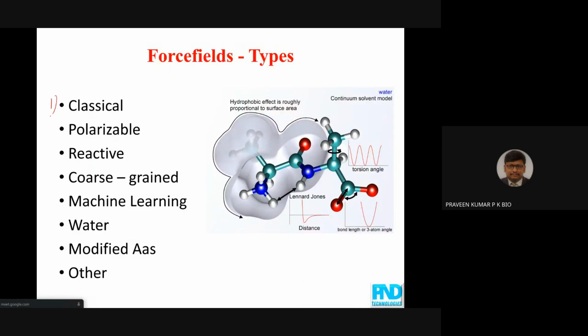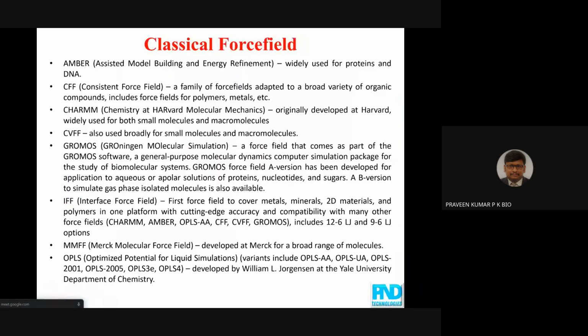Number one is classical, number two polarizable, third reactive, fourth coarse grained, fifth we can use machine learning techniques for determining the force fields, sixth is water models, seventh modified amino acids, and eighth is other. More about the description of these force fields we see in the subsequent slides.